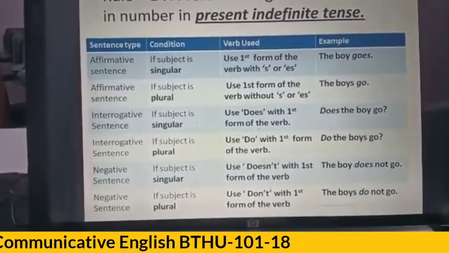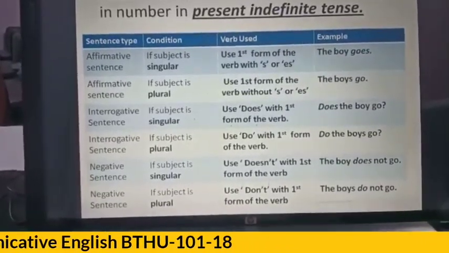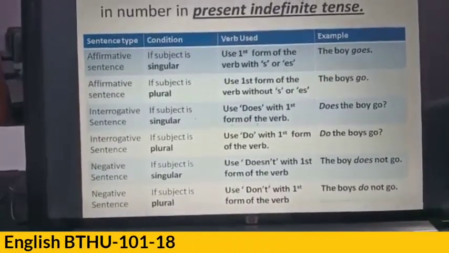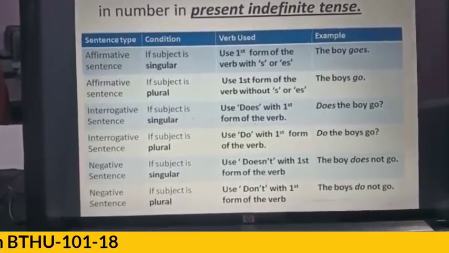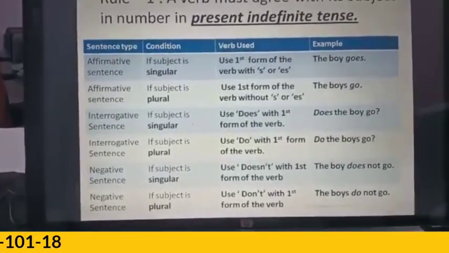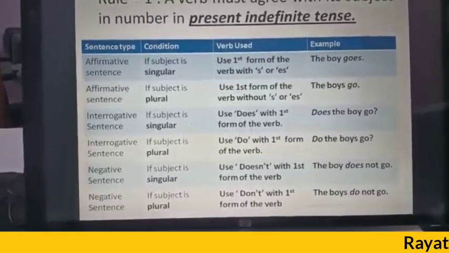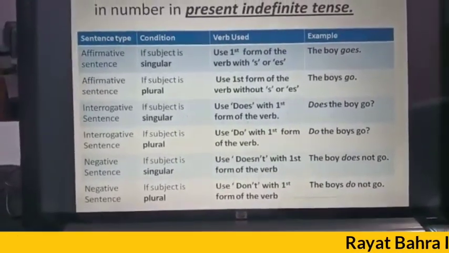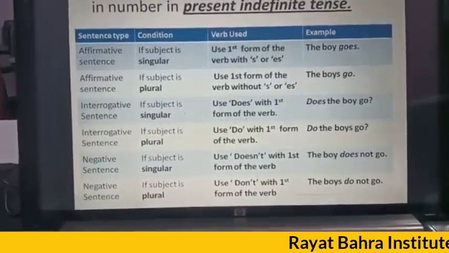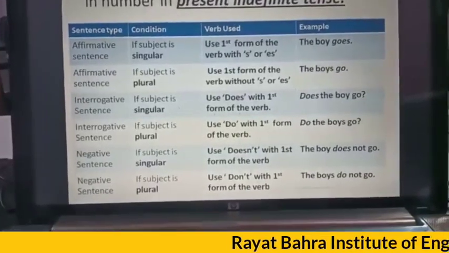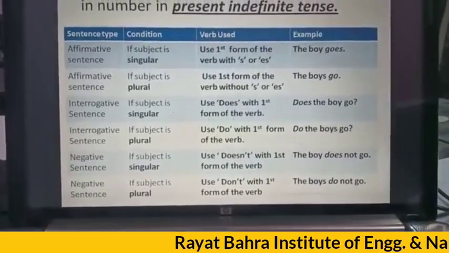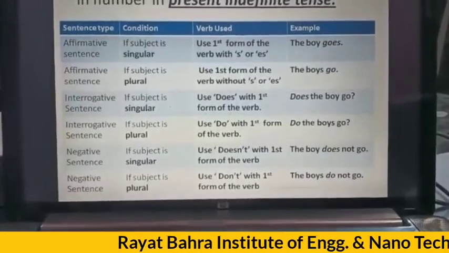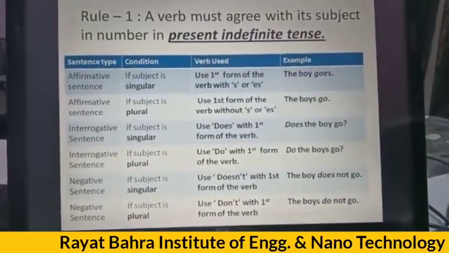In interrogative sentences, we always use does when the subject is singular, with first form of the verb, and if the subject is plural, we use do with first form of the verb. In negative sentences, if the subject is singular, we use does not with first form of the verb. And if the subject is plural, we use do not with first form of the verb.